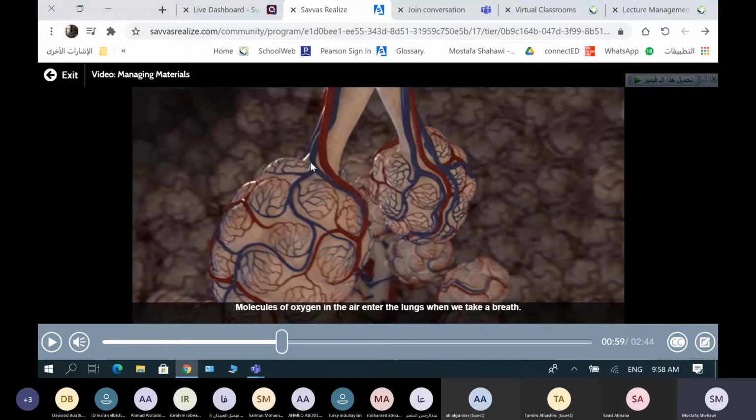Before getting rid of carbon dioxide, or exhaling carbon dioxide, the blood looks blue as you see right now. So this blue blood we call deoxygenated blood, which is rich in carbon dioxide. And the red one we call oxygenated blood, which is rich in oxygen. The process of gas exchange occurs in the alveoli, which exist inside the lungs.